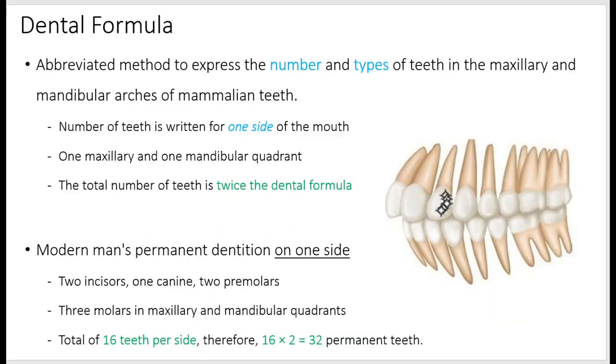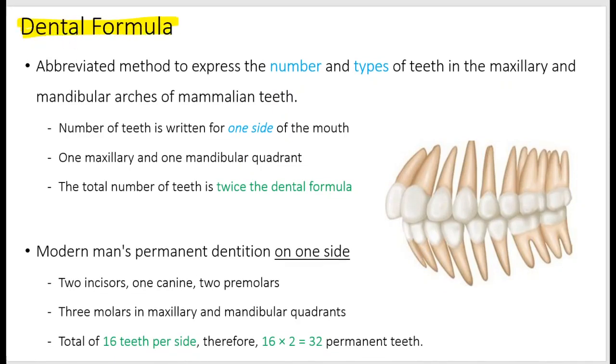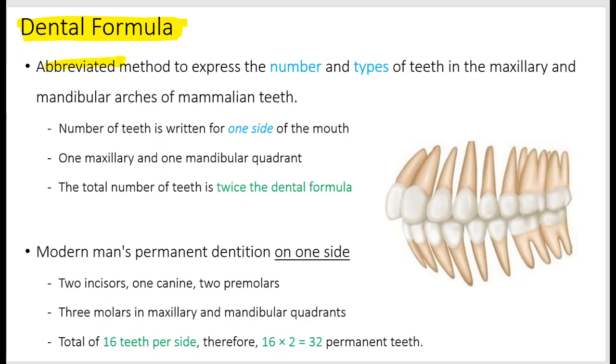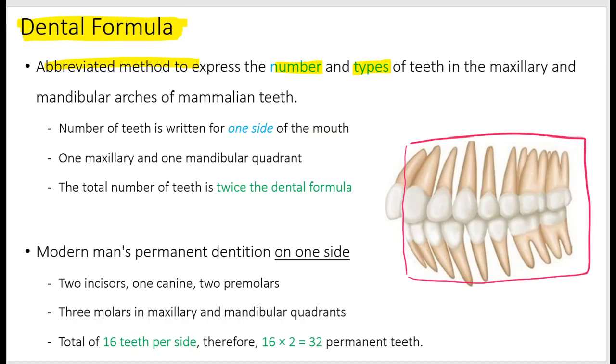Okay, we have what is called the dental formula. It's not that much used, maybe only for describing some things. But it's an abbreviated method to express the number and the type of the teeth on the maxillary and mandibular arch. Technically we're taking one side of both arches, usually the left side.